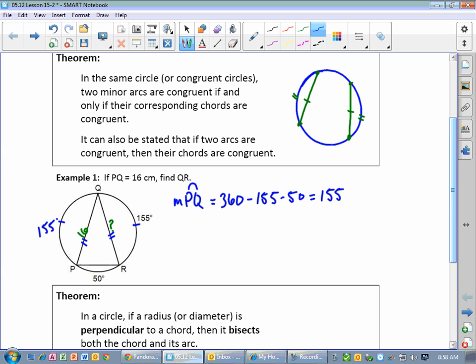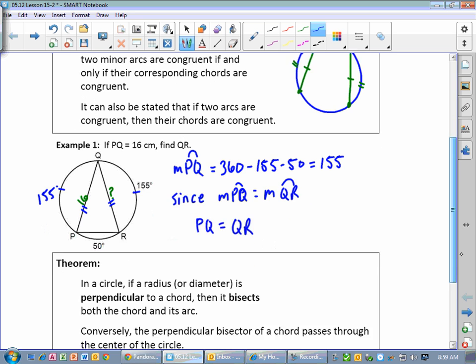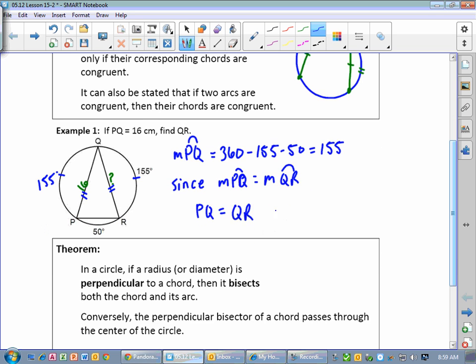And so since the measure of arc PQ is equal to the measure of arc QR, segment PQ must equal segment QR. So then that means what? So QR must be how long? 16 centimeters.